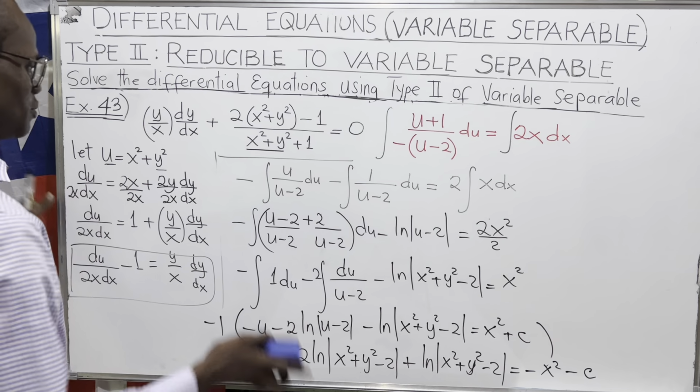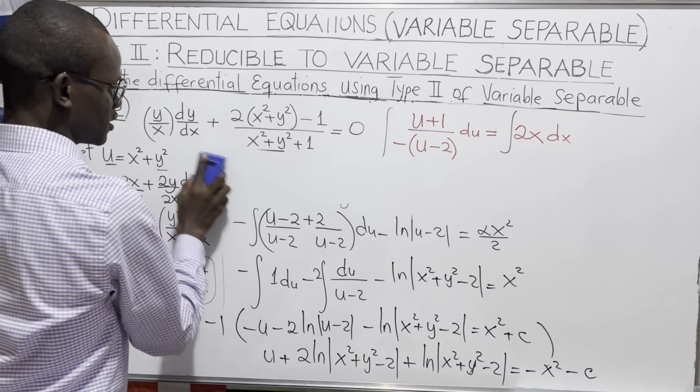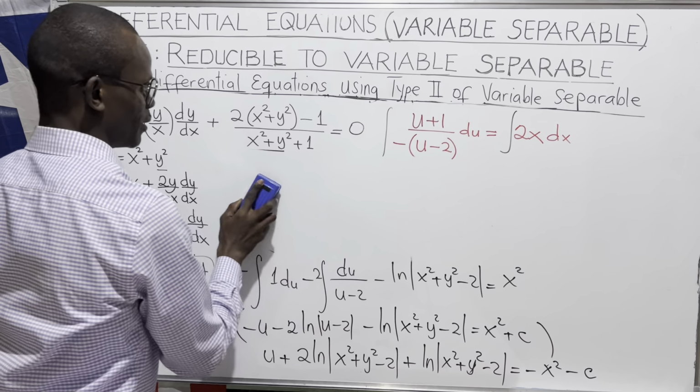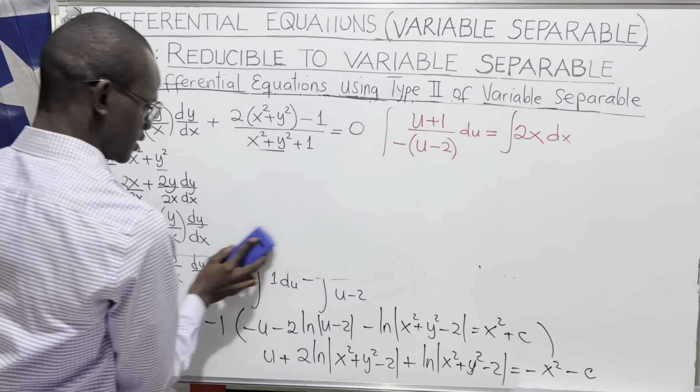So that minus c will just be c. It's because it's a constant, so we're not bothered by negative or positive c. It's just c.